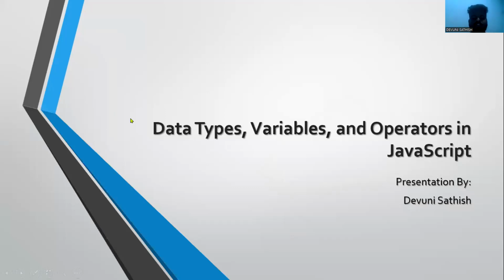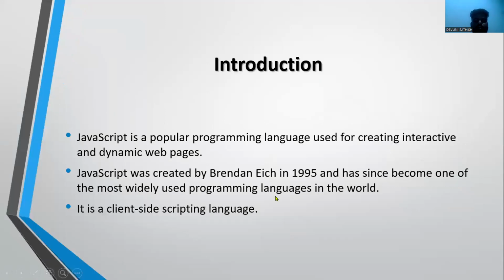Good evening, sir. My name is Devuni Satish. I'm here today to explain data types, variables, and operators in JavaScript. Coming to the introduction, JavaScript is a popular programming language used to create dynamic and interactive web pages.